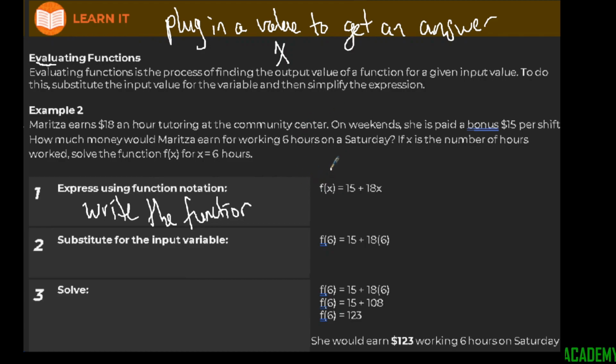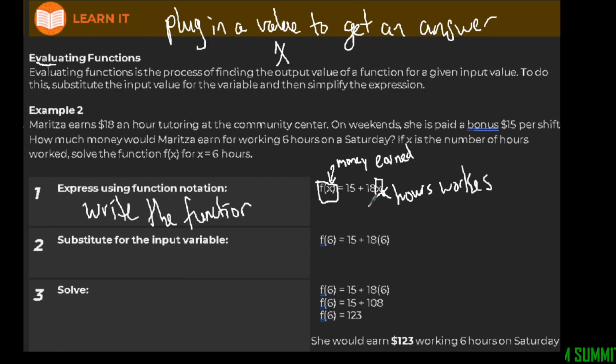Yeah, so this is money earned. And it says right here, if x is the number of hours worked, so we could say this is hours worked. Be careful when looking at those two things: f of x is money earned, where x is hours worked.